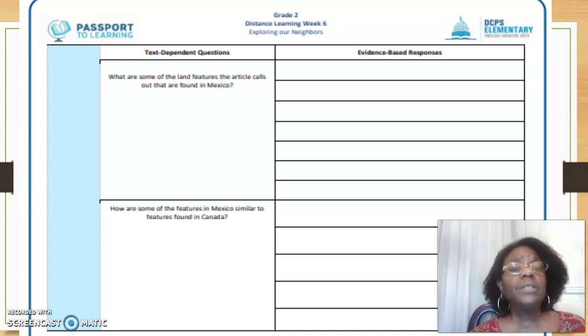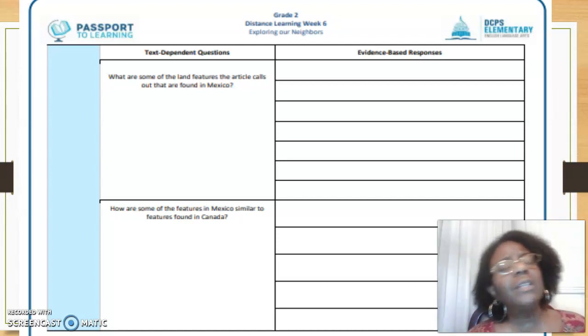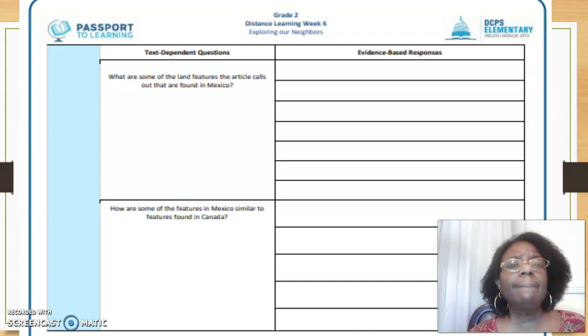The first question is, what are some of the land features the article calls out that are found in Mexico? So where you'd answer would be on the other side. And a lot of times when I want to know how to begin my answer, I'll look at the question and I'll say, they want me to list some of the land features the article calls out that are found in Mexico.